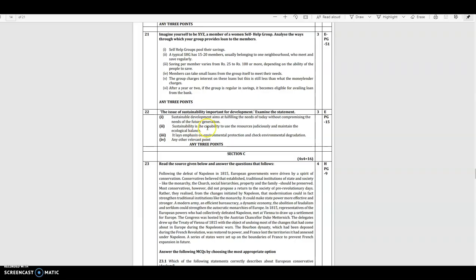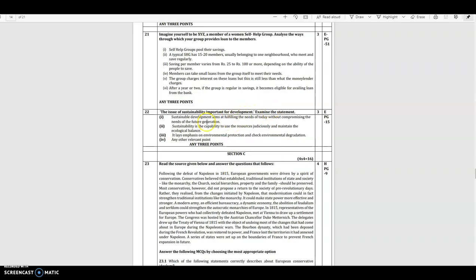Sustainability is the capacity or capability to use the resources judiciously and maintain ecological balance. And it lays emphasis on environmental protection and checks environmental degradation. So this is from our first chapter, economics, development, page number 15.